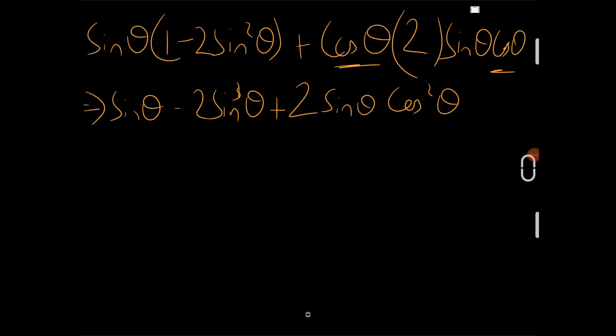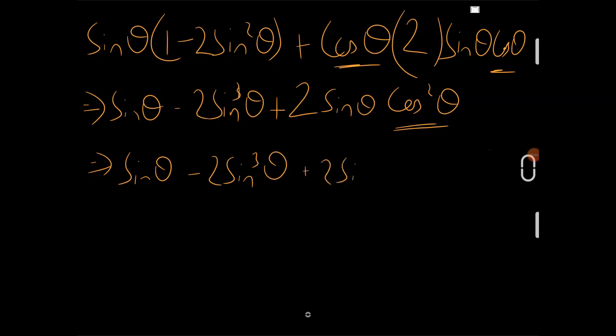Now this cos square I can write as 1 minus sine square. So this implies sine theta minus 2 sine cube theta plus 2 sine theta into 1 minus sine square theta.